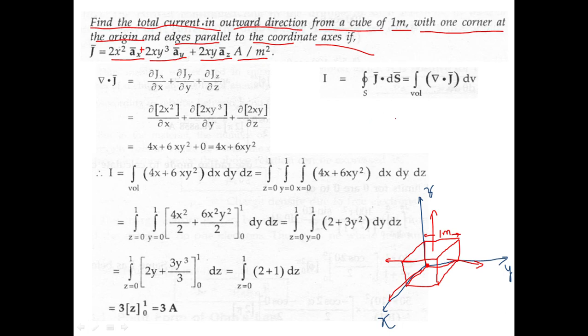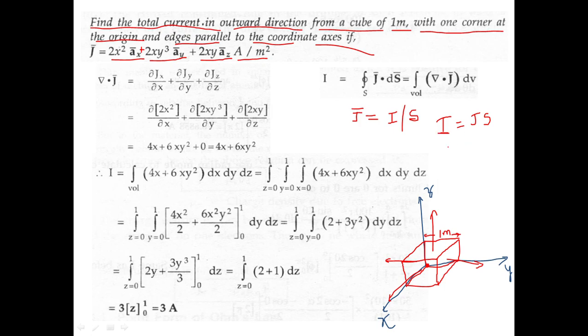Current density j vector is equal to current per surface area, I divided by S. So now if I want I, then it will be J into S. So forget about this vector here.